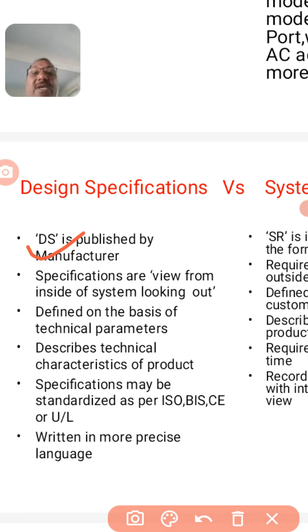This is a design specification inside my product. Design specifications are viewed from inside the system looking out, from product view to outside. If you go to purchase a car, the engineer tells us the average, which type of engine is used, and what the durability of the tire should be. That is what a system or product itself speaks.